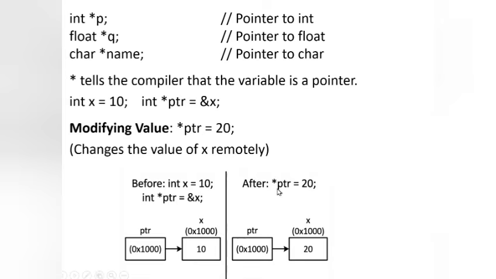The location in ptr is 0x1000. Go to that location, and whatever value is available, now we have 10, change the 10 into 20. Now it is changed into 20. We never accessed the content of x directly, but we changed only the content referred to by the pointer, that is x, and we changed it into 20.